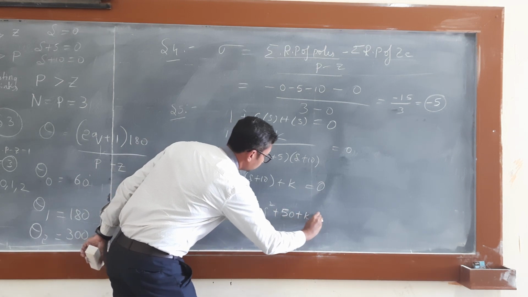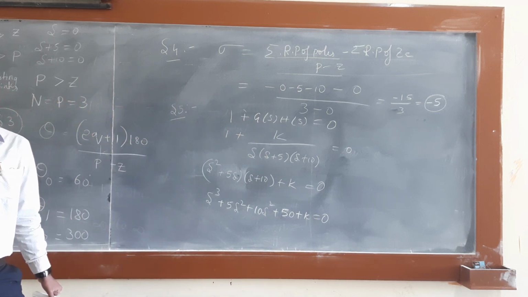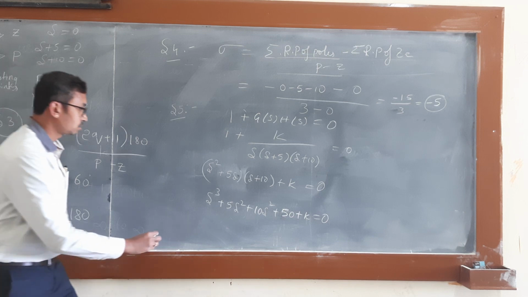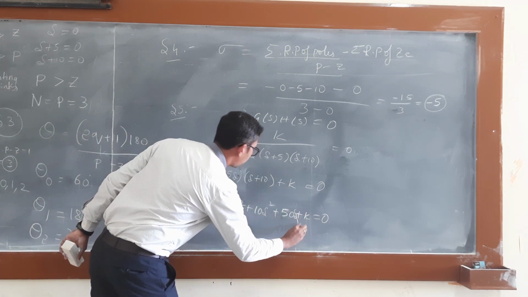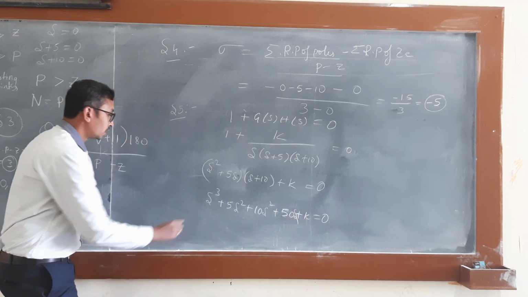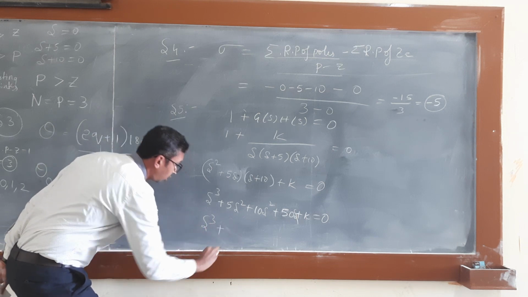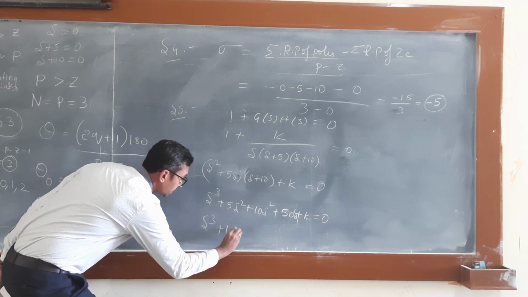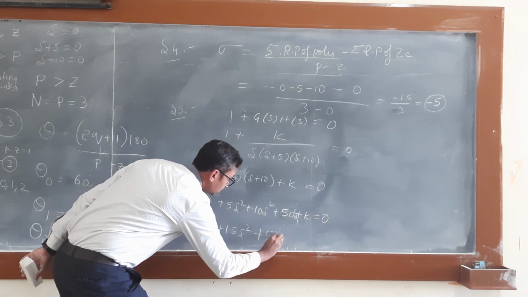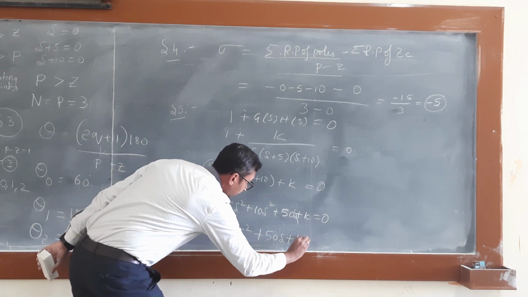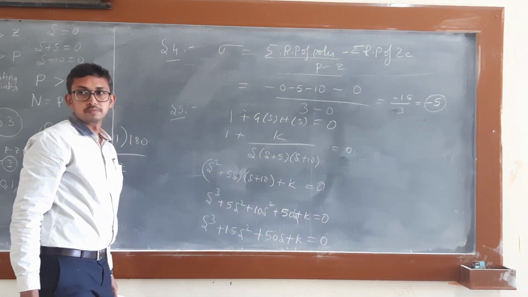Plus k is equal to 0. Is it right? So now if I simplify this one, 50s, correct? So this can be done as s cube plus 15s square plus 50s plus k is equal to 0. Is it right?